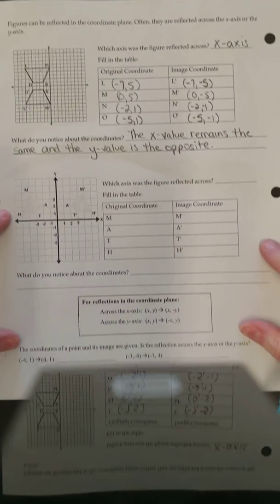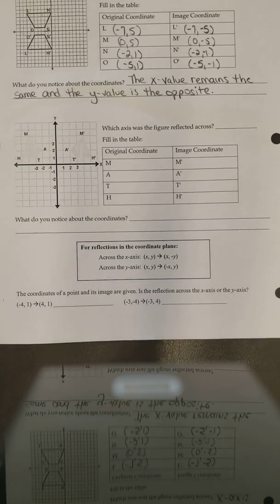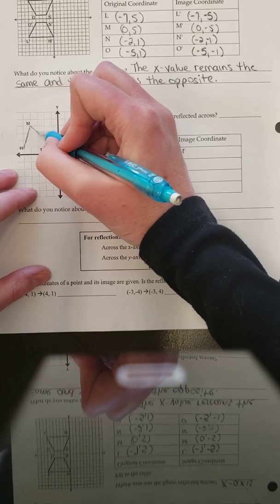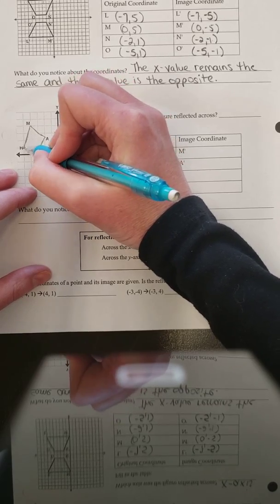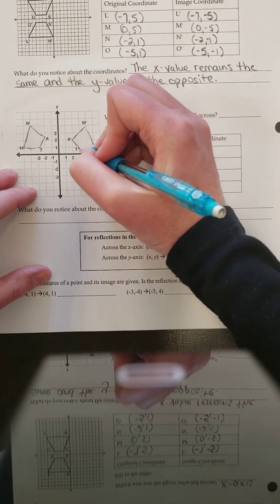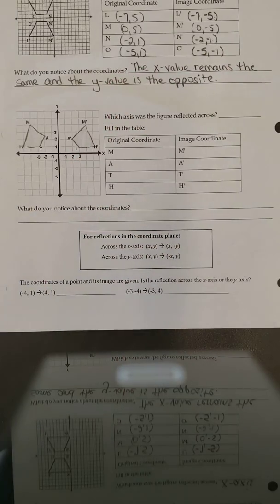Okay, so let's move on to the next one. Which axis, this is going to be really hard to see in the video. Let me outline this. This is the shape. Okay, so there are the two shapes. So which axis was the figure reflected across in this one?